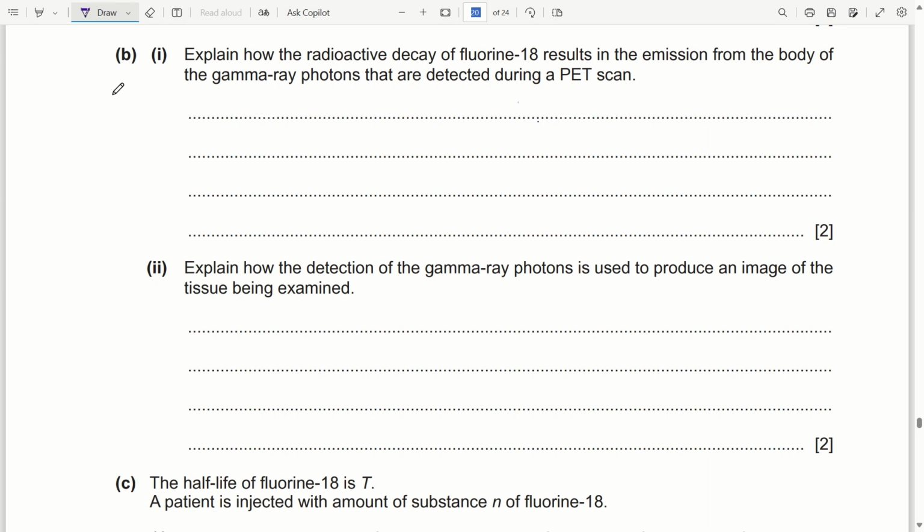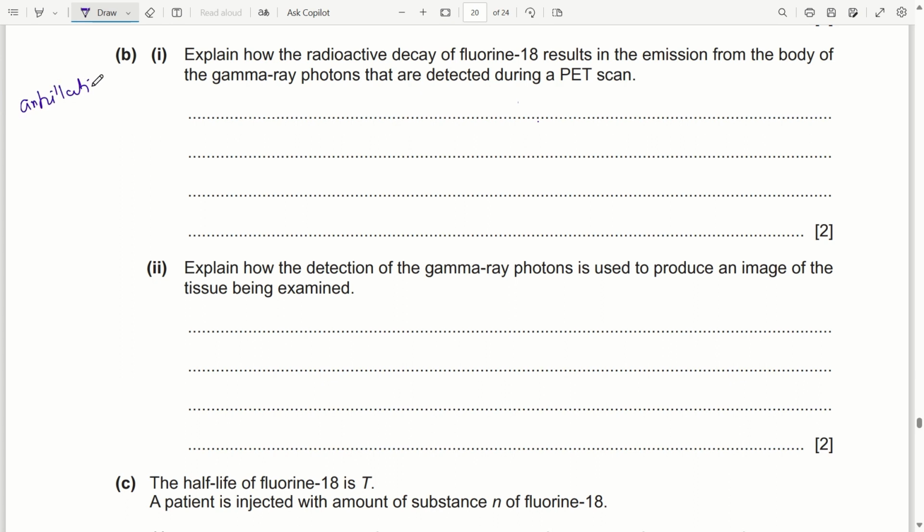When this positron moves through the body, it encounters an electron, and the positron is the antiparticle of the electron. Whenever a particle and antiparticle meet, this is known as annihilation.